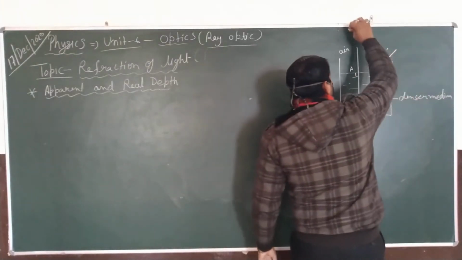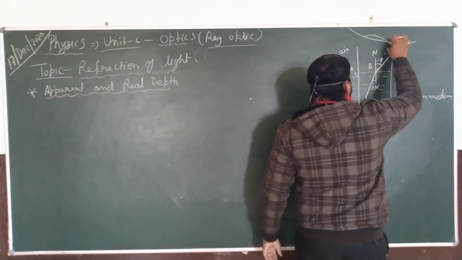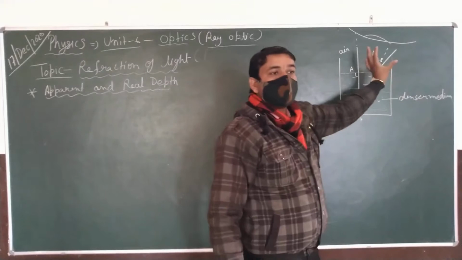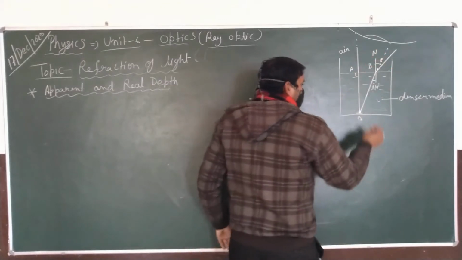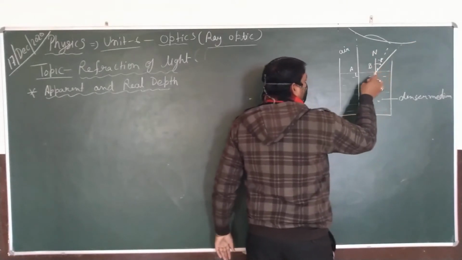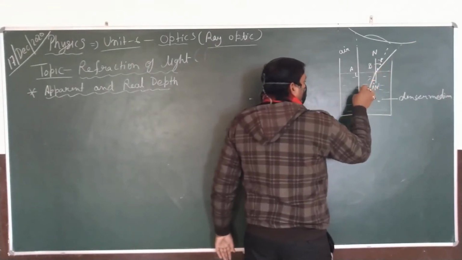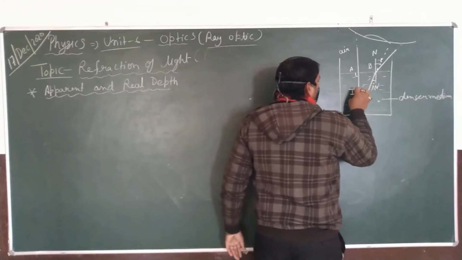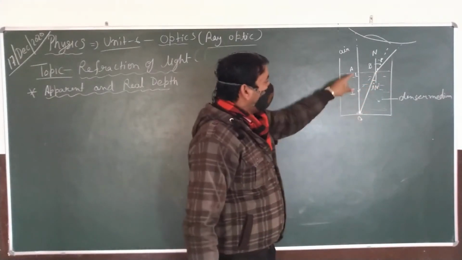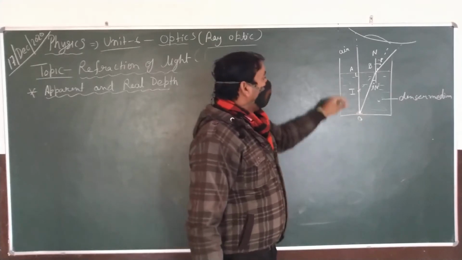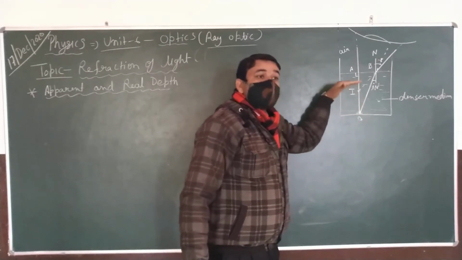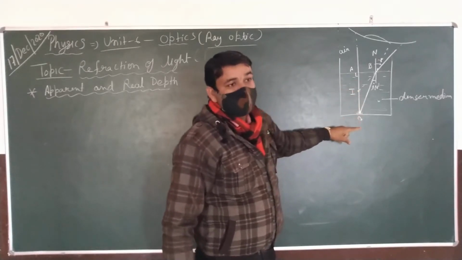When a person wants to see that object from the outside, then he experiences that the object is at location I. Therefore, the seen position of the object inside the dense liquid rises above its actual position.